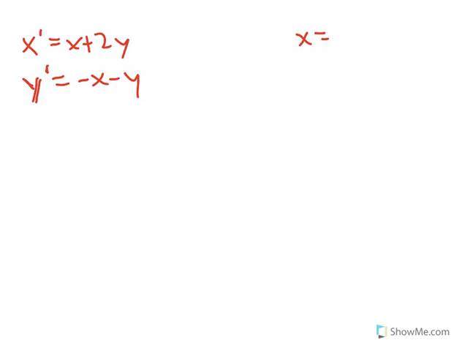I'll write this out. So x equals Susan's love. Y equals George's love. Now, this isn't some magnitude of love.